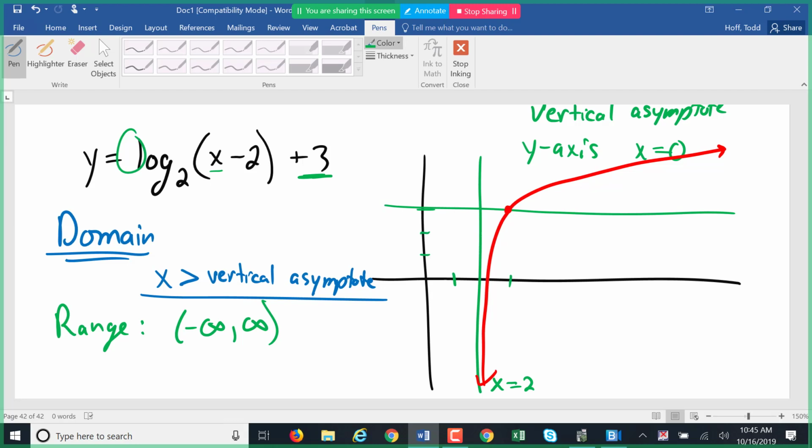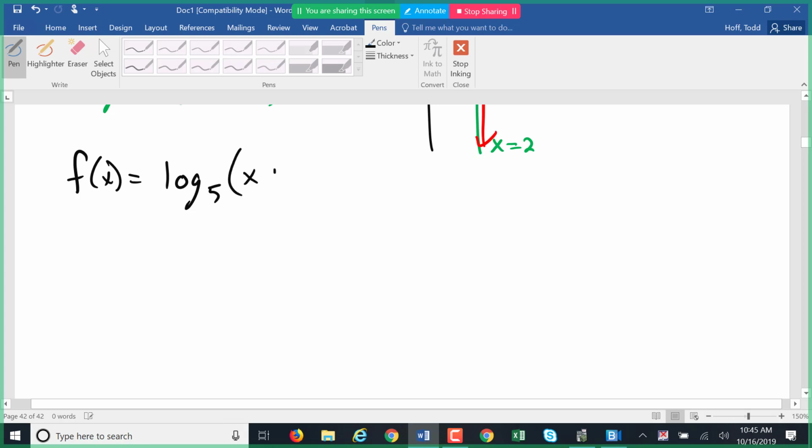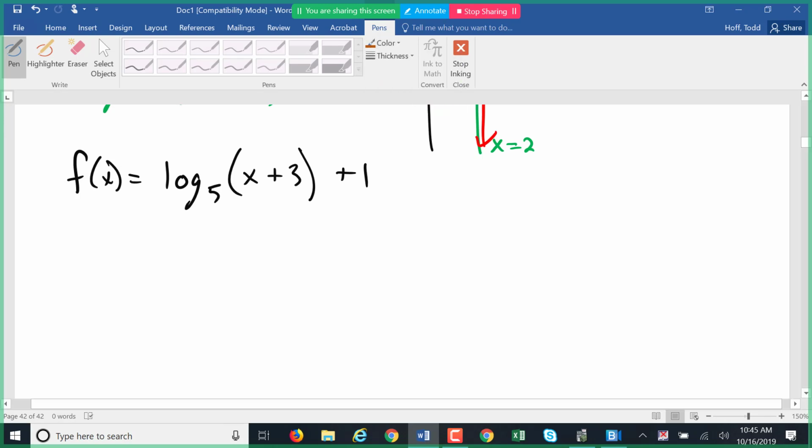So if I give you a function here, f of x equals log base 5 of x plus 3, plus 1. On our graph, remember this plus 3 to the x means we're moving the opposite direction, negative 3.